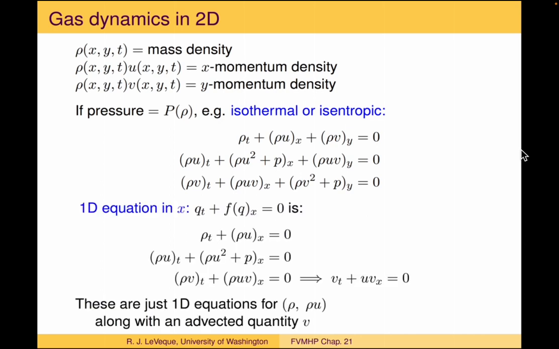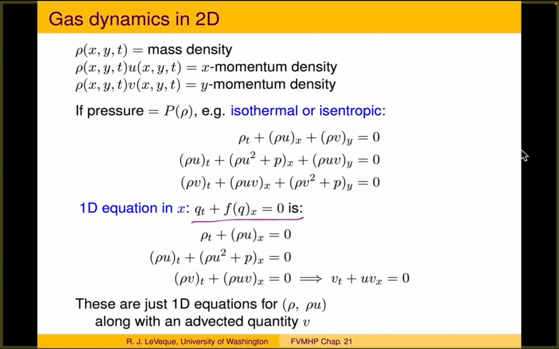For these equations, if we're looking in the x direction, if that's where we're doing our initial set of Riemann solves, then the equation that we're solving is just the q_t plus f_x equals 0 part. And that means we just drop off all the y derivatives from here. And what we end up with is the first two equations are exactly the 1D equations for this system of equations.